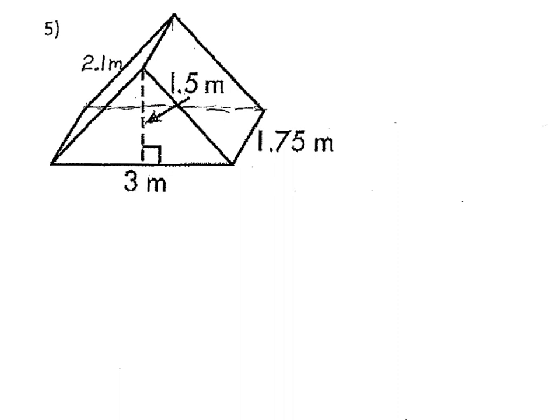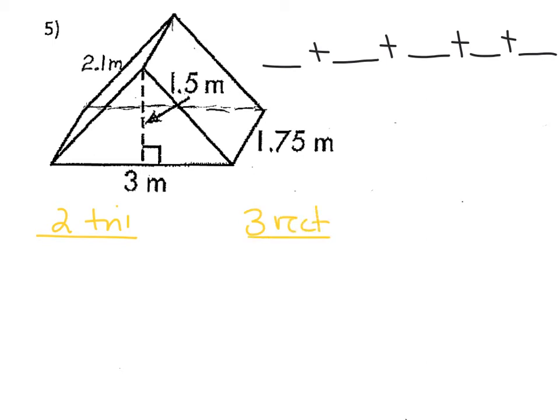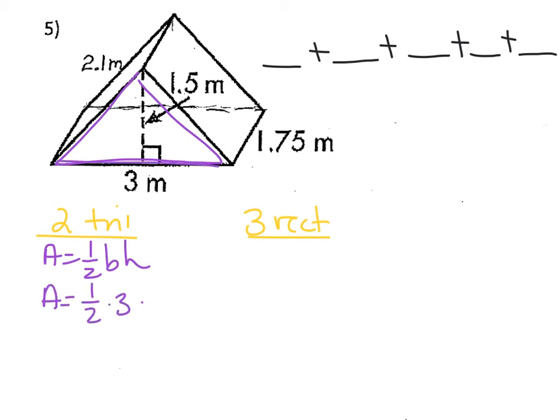So again, it's a triangular prism, and there are 5 sides. So I'm going to make 5 blanks that we're going to add together. And in a triangular prism, there are 2 triangles and 3 rectangles. All right, so the triangle on the front is area equals 1/2 base times height. 1/2, the base is 3, and the height has to be perpendicular to that, and that's 1.5.